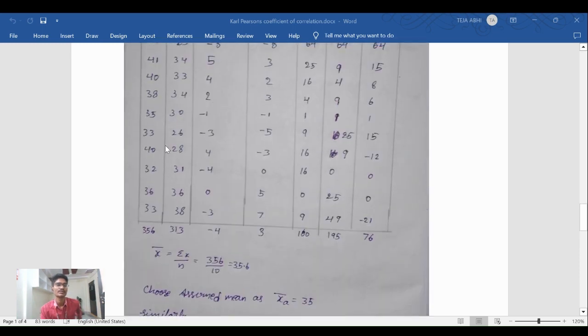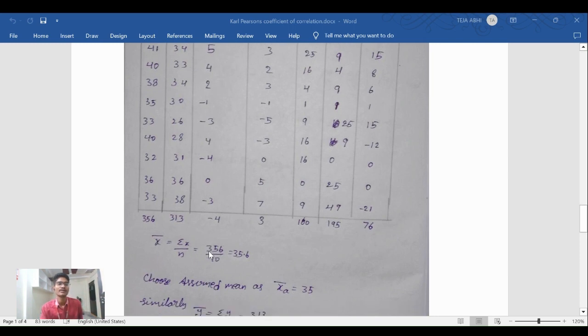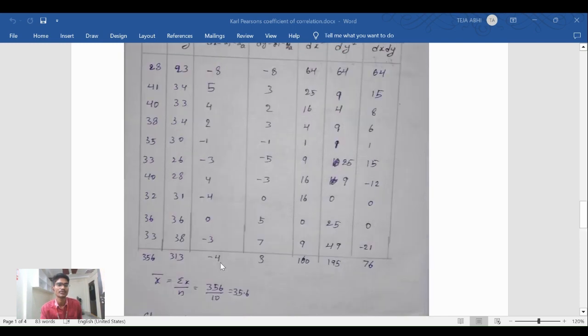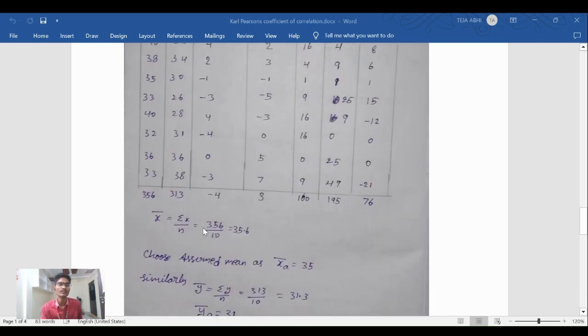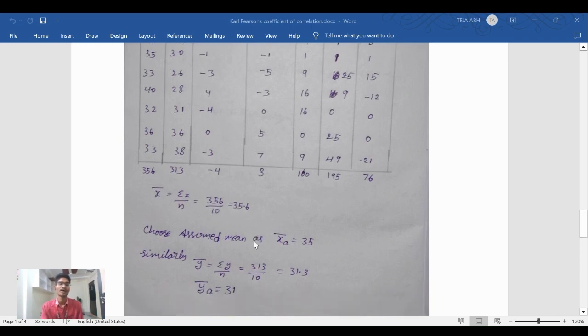So we find the summation of x, as x bar is equal to summation x by n. These are 10 values, so n is 10. Using this, I find x bar is equal to 35.6. As xa bar is the assumed mean, I round it to 35.